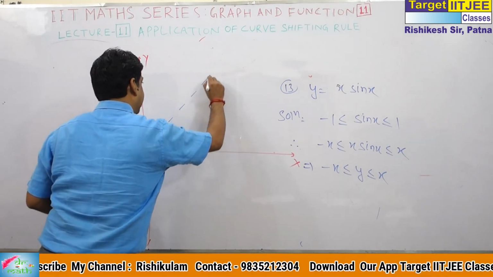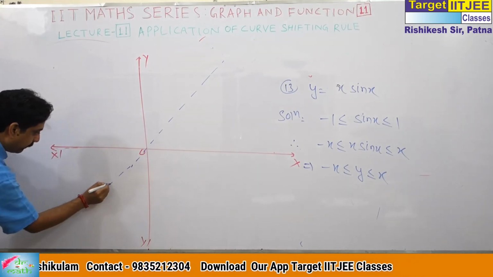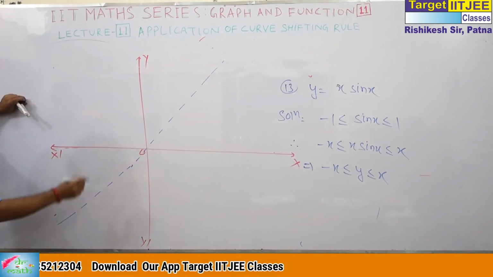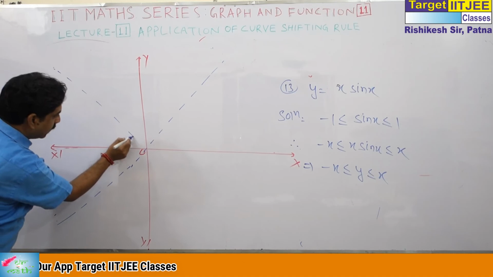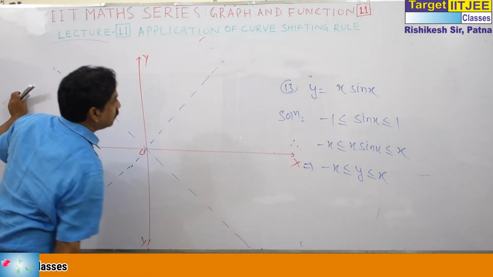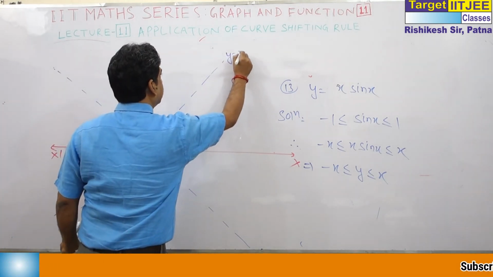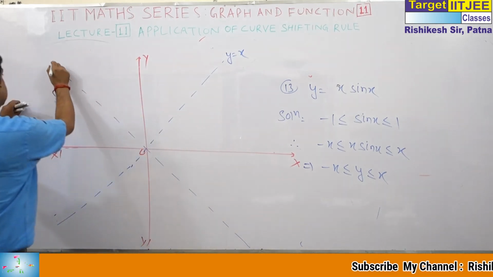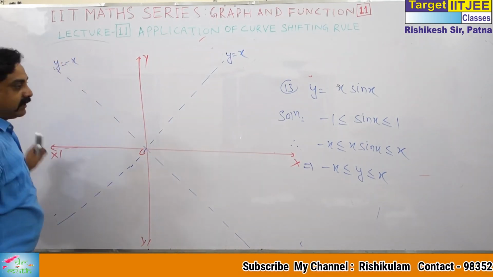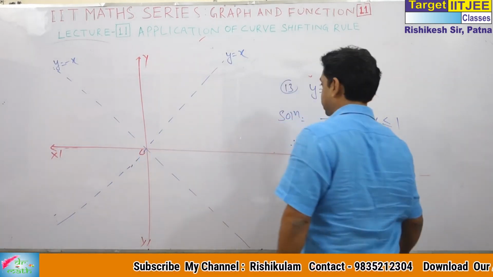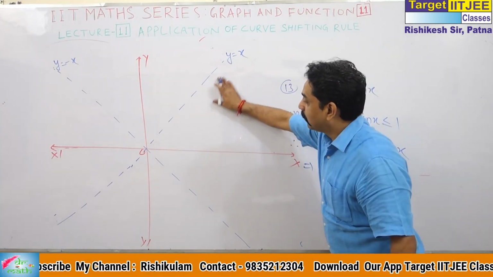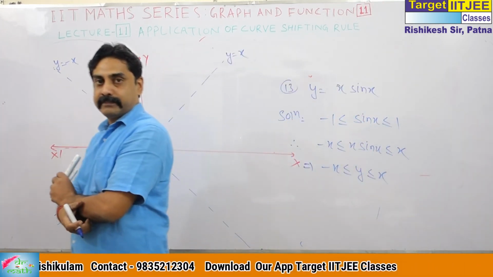This is the line y is equal to x, intersecting the first and third quadrant. This is the line y is equal to minus x. The graph of this will lie between this portion, y is equal to x to y is equal to minus x.